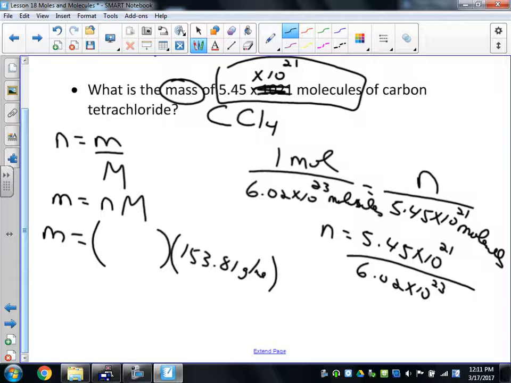So I get 0.00905. Okay, good, yes. Now I know n, so that's going to come over to here, 0.00905 moles. And I'm going to multiply those two together. Okay, so times 153.81.